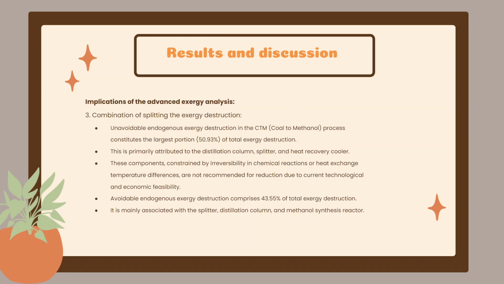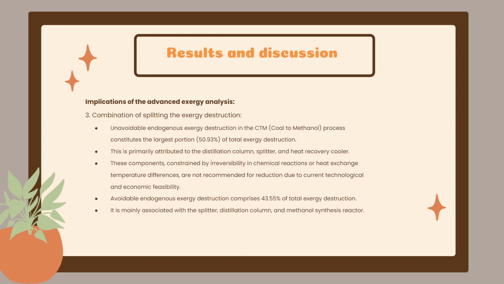The avoidable endogenous exergy destruction, comprising 43.55% of total exergy destruction, is mainly associated with the splitter, distillation column, and methanol synthesis reactor, suggesting that optimizing these components can significantly reduce exergy destruction in the CTM process.